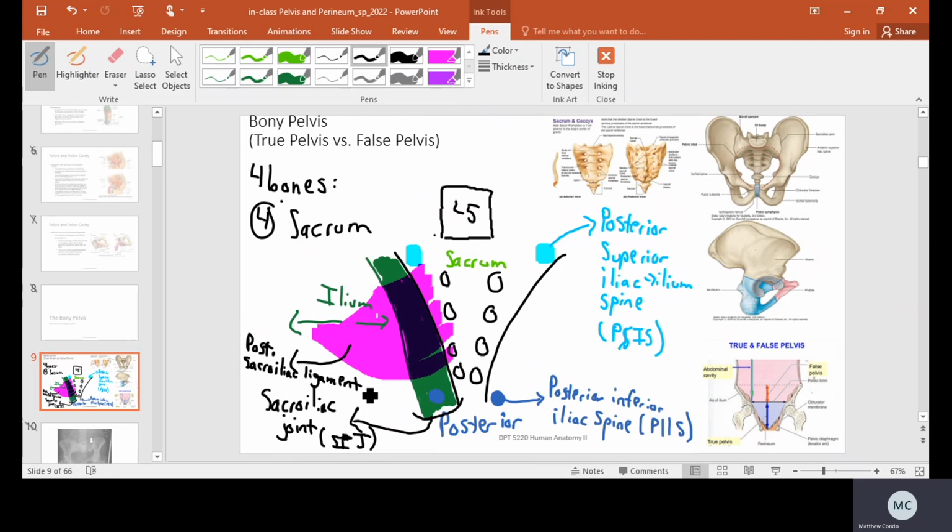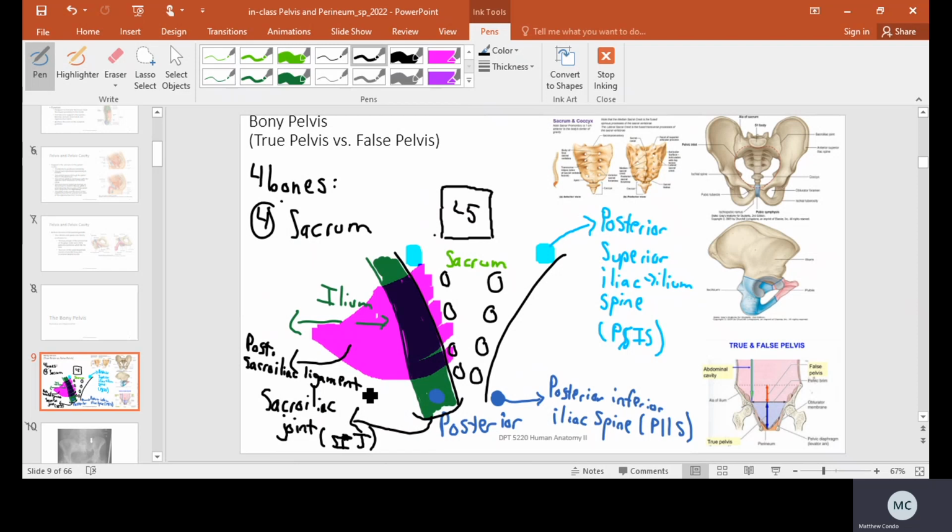Those allow a little bit of motion because they're supposed to. When it comes to the SI joint, or SIJ, the anterior sacroiliac ligament and posterior sacroiliac ligament are very dense, very thick, very wide. They hold those joints really well together.